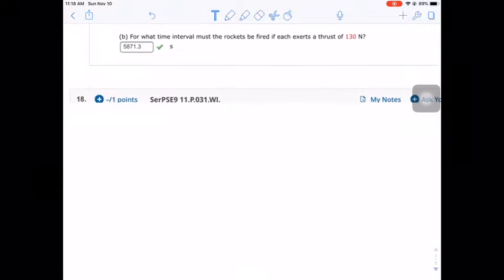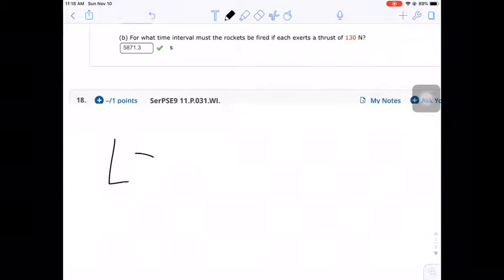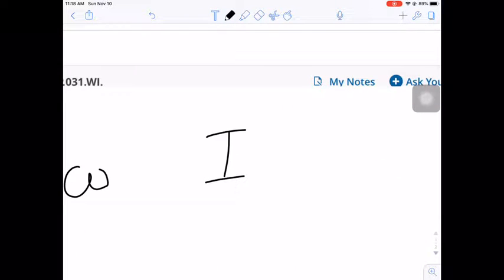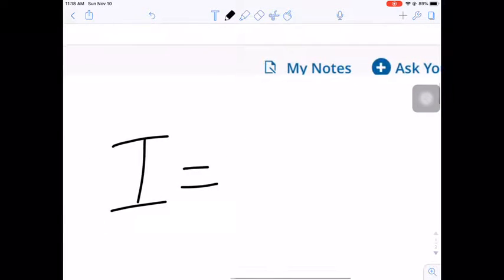So we know that angular momentum, L, is equal to the moment of inertia times the angular velocity, and we can find both of these. Since it's a ring, the moment of inertia is equal to mr squared.